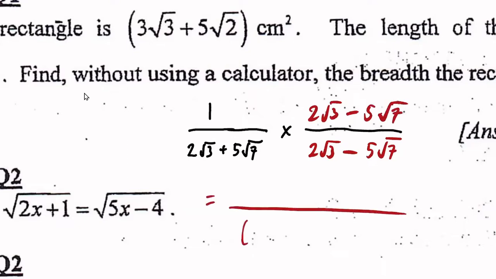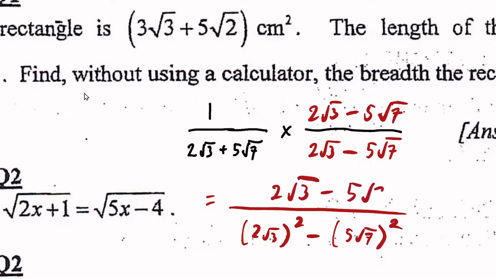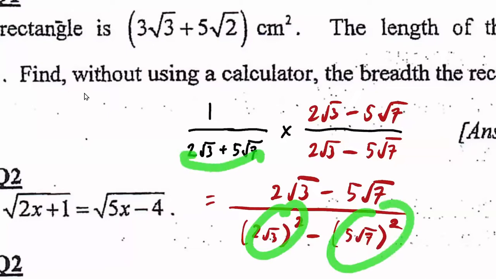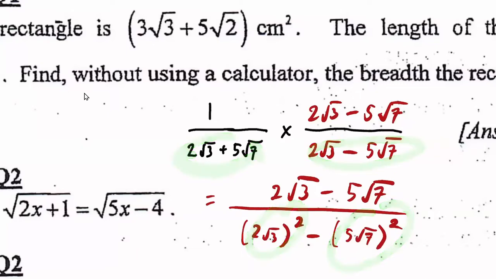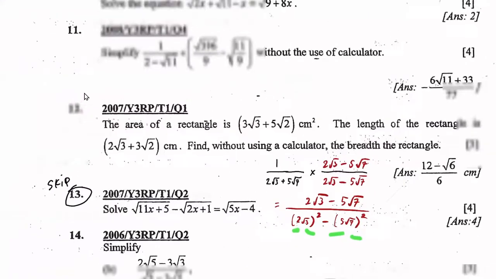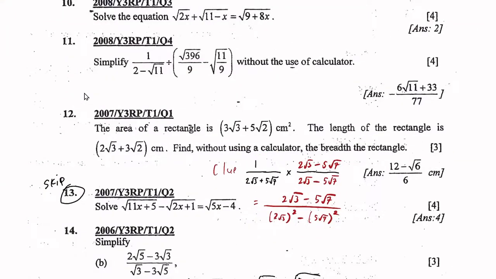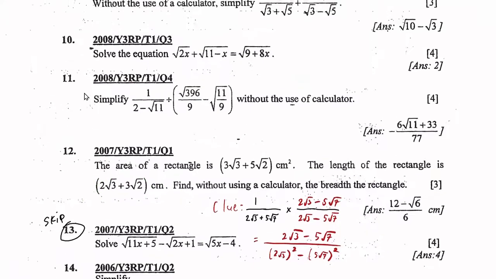You get 2 root 3 squared minus 5 root 7 squared. Is this clear? A squared minus b squared is a plus b times a minus b. Then you simplify, and so on and so forth. That's the clue here. Not exactly relevant to the question, but this part here, you need to rationalize, after you divide area by length.